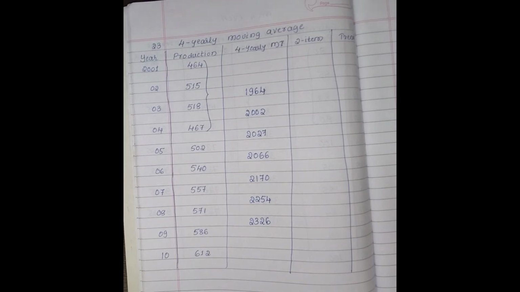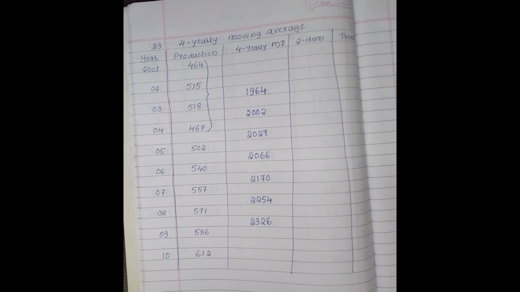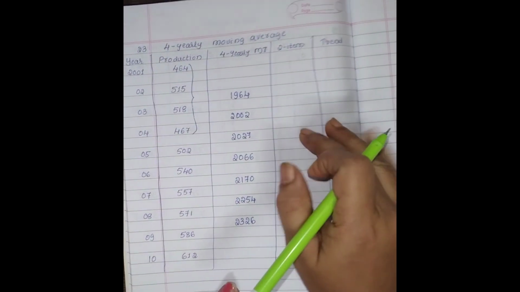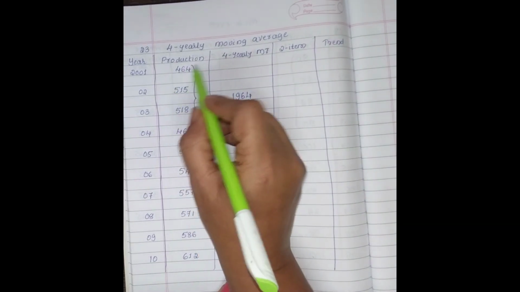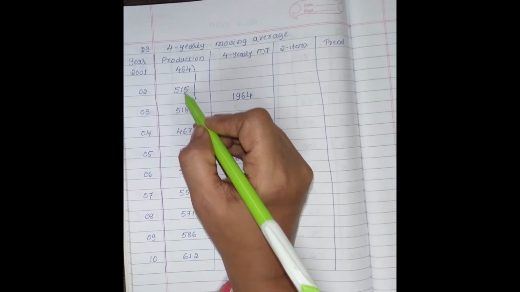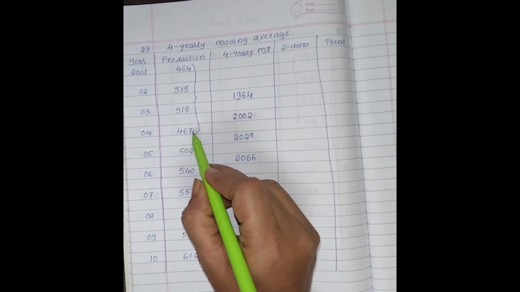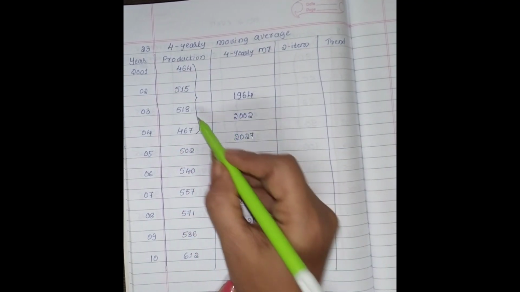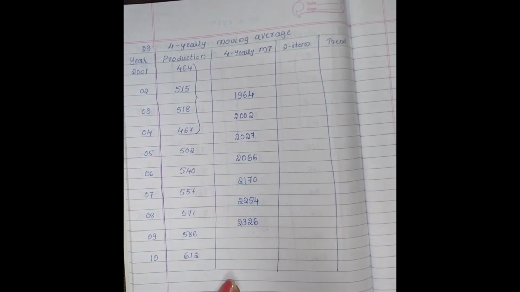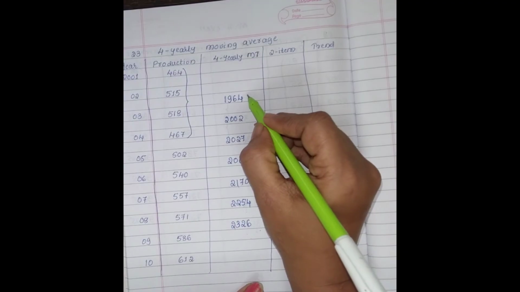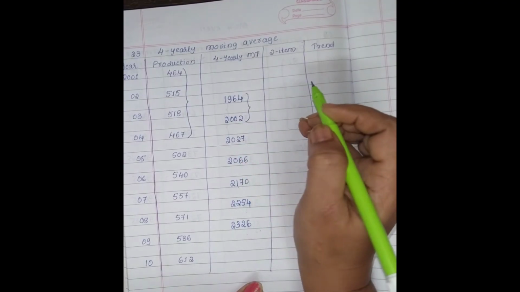You have to go on adding the 4 values, leaving 1 value. First you add 4 values and write in the middle. Then leave the first value and add the next 4 values. Write it in the middle side. Again leaving the values, you add 4 values and write in the middle side. Next you are adding 2 values.